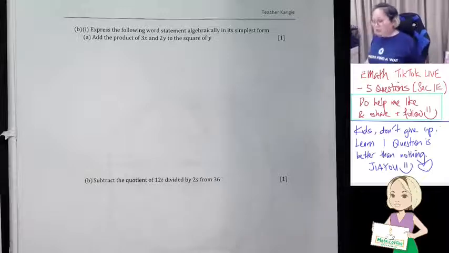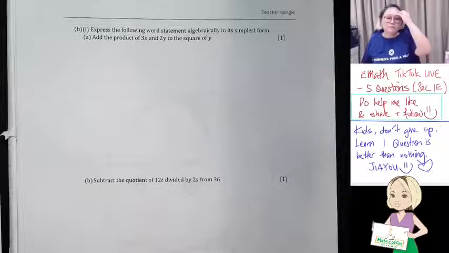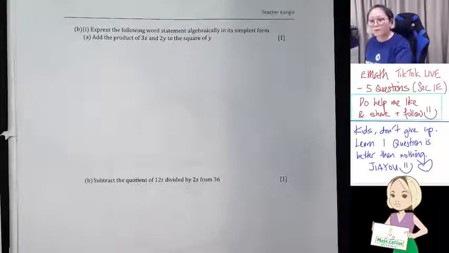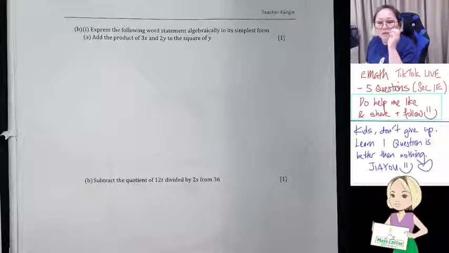Okay, help me to like and share while my Samantha checks for me the schedule for the week 3 December. Sam, what are the 2 dates for my Sec 3 E-Math live?